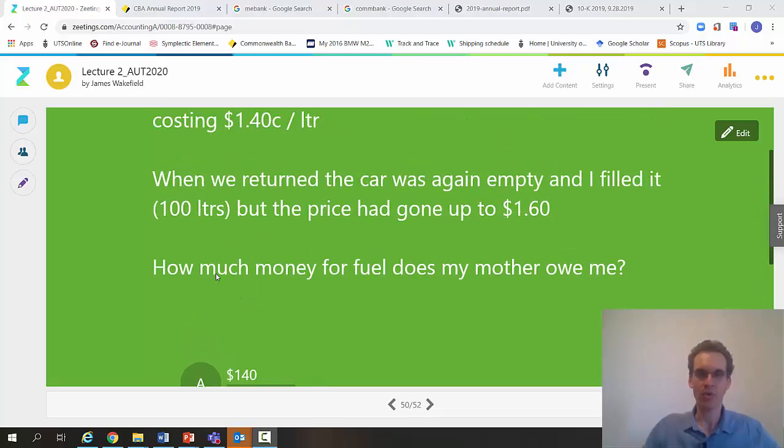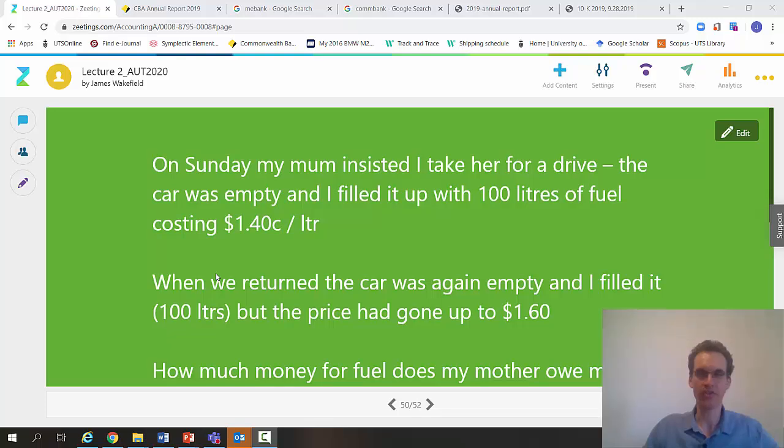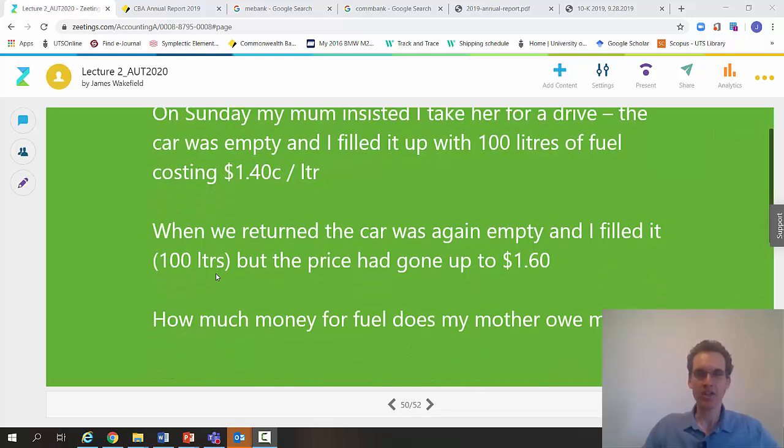And the reason for that comes back to the cost principle. The value we attribute to assets is based on the cost we pay for them, or the amount we pay for them. So in this case, we used 100 litres that cost me $1.40 per litre. So $140 worth of fuel was used as the car was used, right?